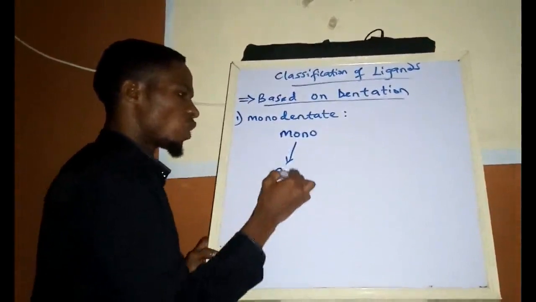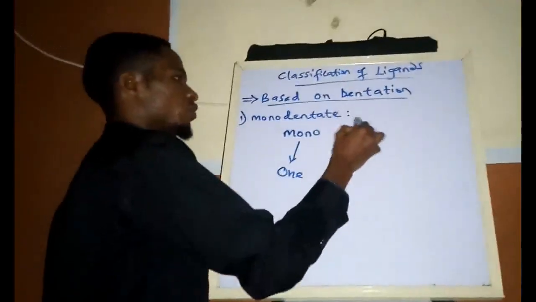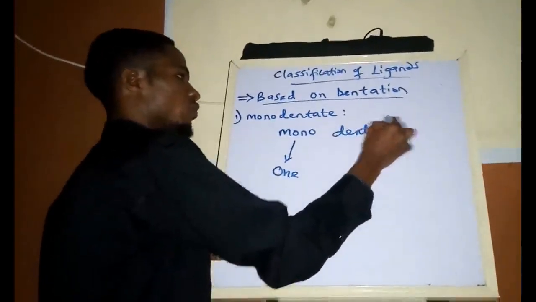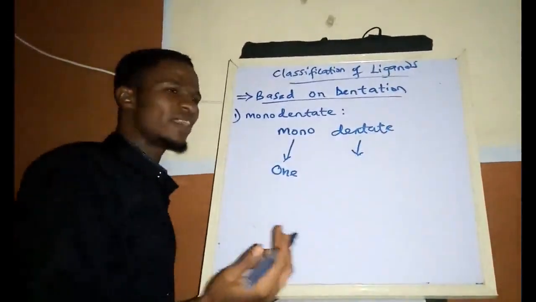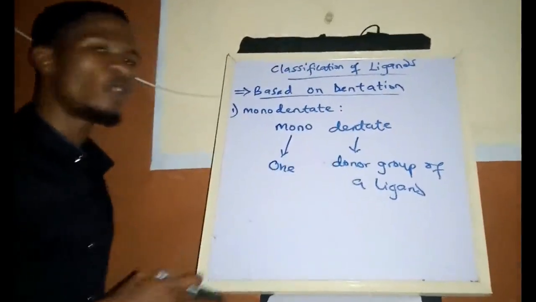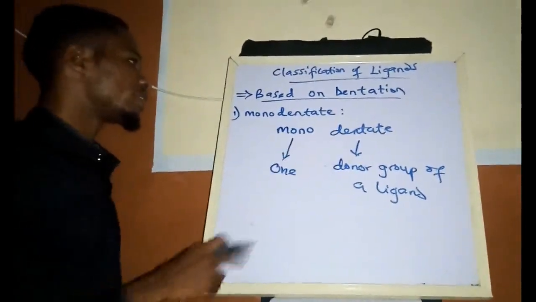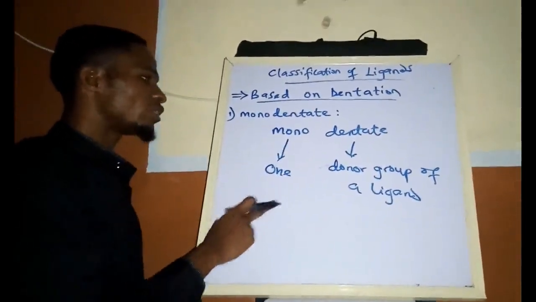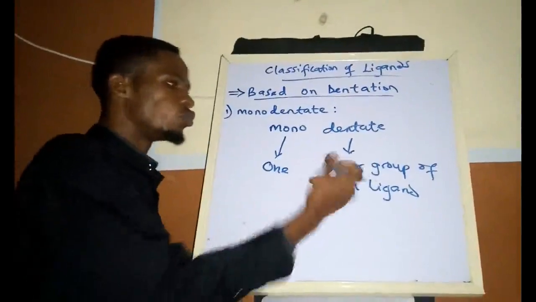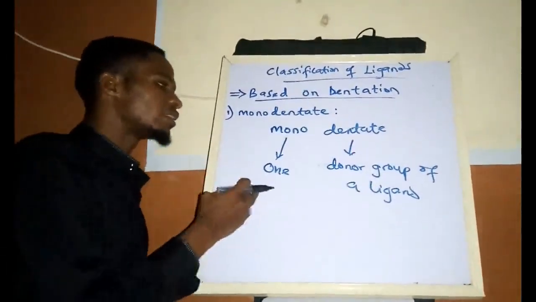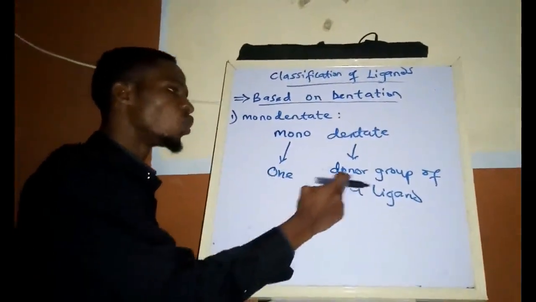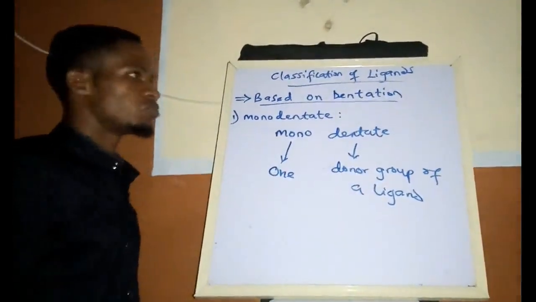Mono means one, while dentate is the donor group of a ligand. We can therefore say monodentate has just one donor group, ligands that have one donor group for bonding.